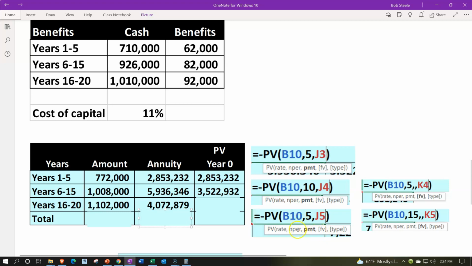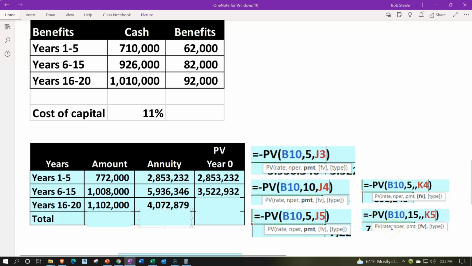And then this one has the payment because it is an annuity. This is going to happen for 5 years, same payment for 5 years. That would give us $4,072,879, but that's happening 15 years out. So now I have to take that amount and bring it back to period 0 using the present value of 1 calculation, looking like this. Negative present value, the rate, once again, the 11%.